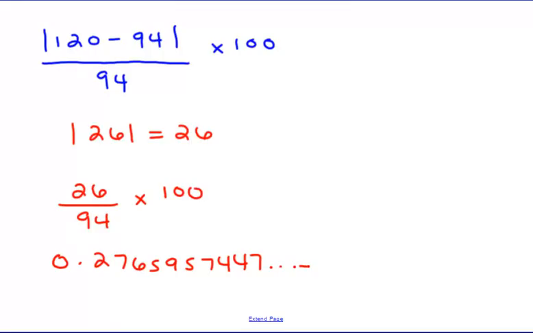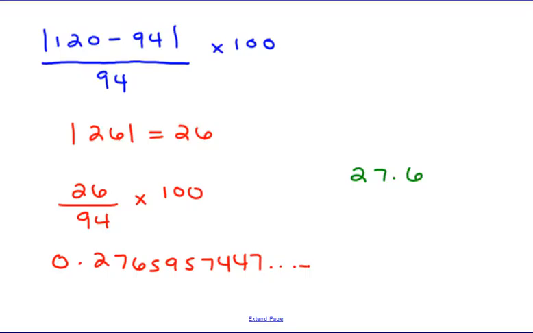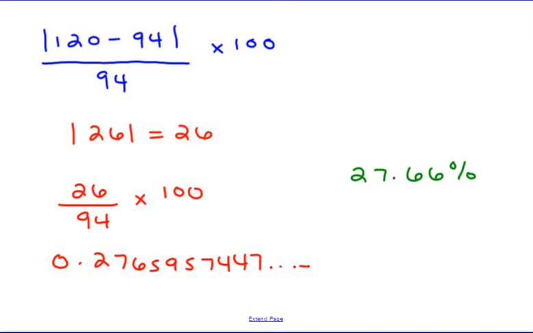It'll look something like this: 0.2765957, and it's going to keep going on and on forever. But we're going to multiply it times 100 and round to the hundredth, and that's going to give us 27.66%. Okay, because this 9 right here moves the 5 up.